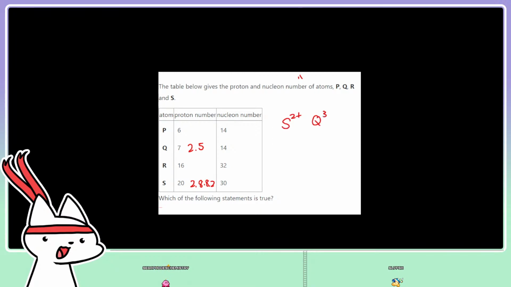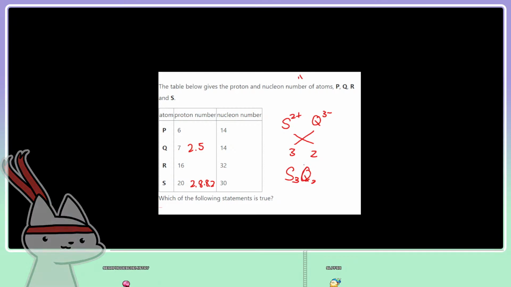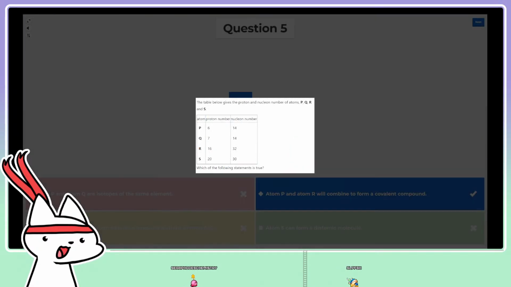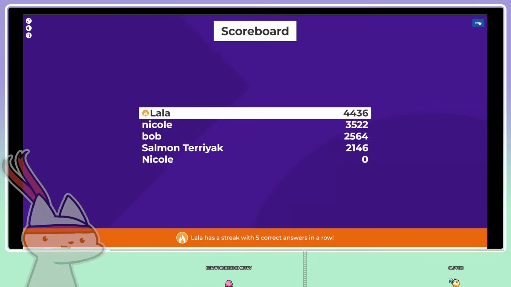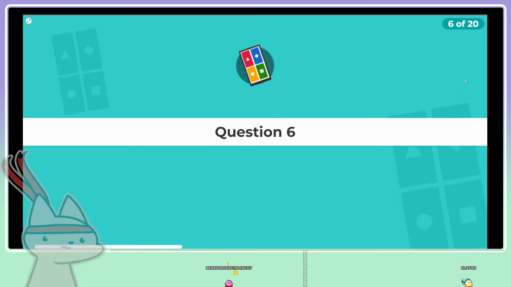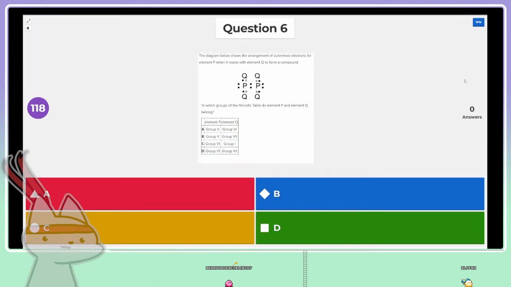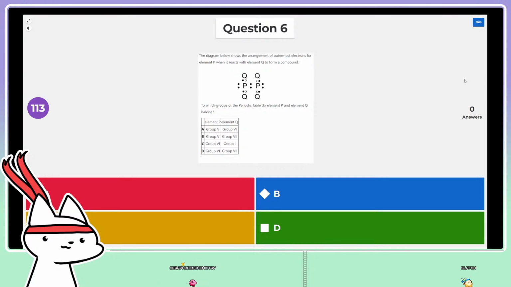Q will be 3 minus. Cross, this is 3, this is 2. You get S3Q2 rather than S2Q3. That's why yellow is not correct. So you do the crossing. This is a tricky question, so please take note, especially of something about the Q.